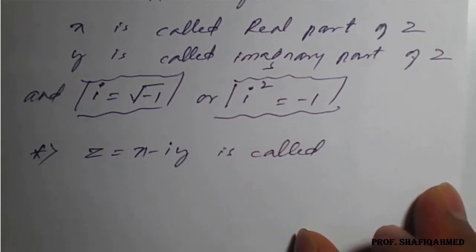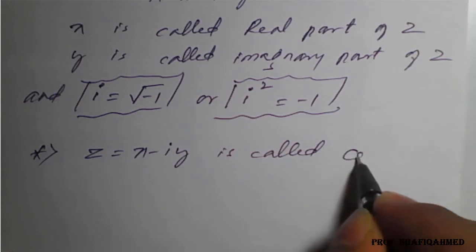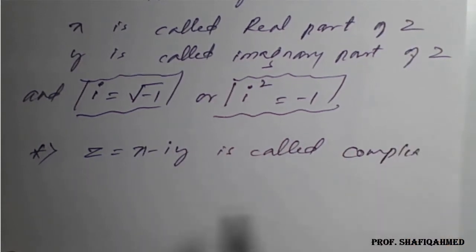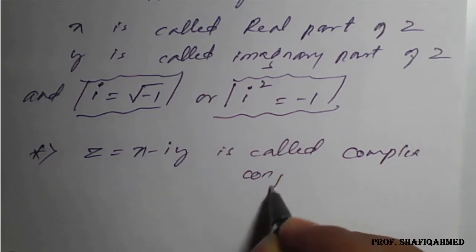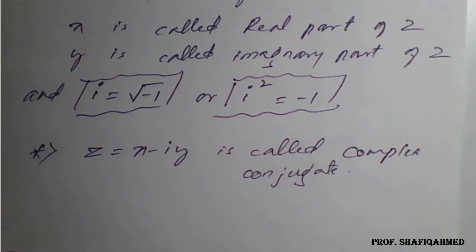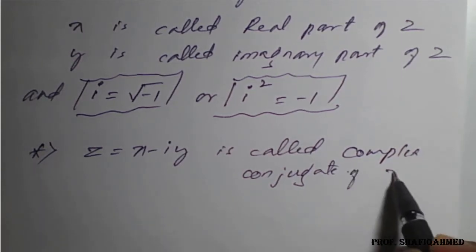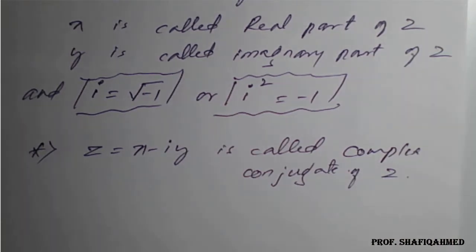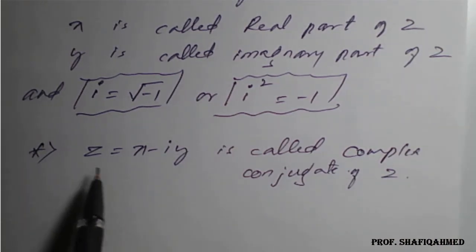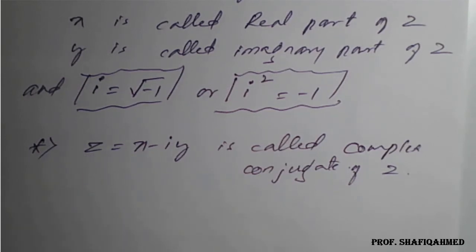So here we can say that x minus iy is called the complex conjugate of z. Sometimes it is going to be denoted as z bar also. So z bar also sometimes we will take, so no problem. So these are the few very important things here.